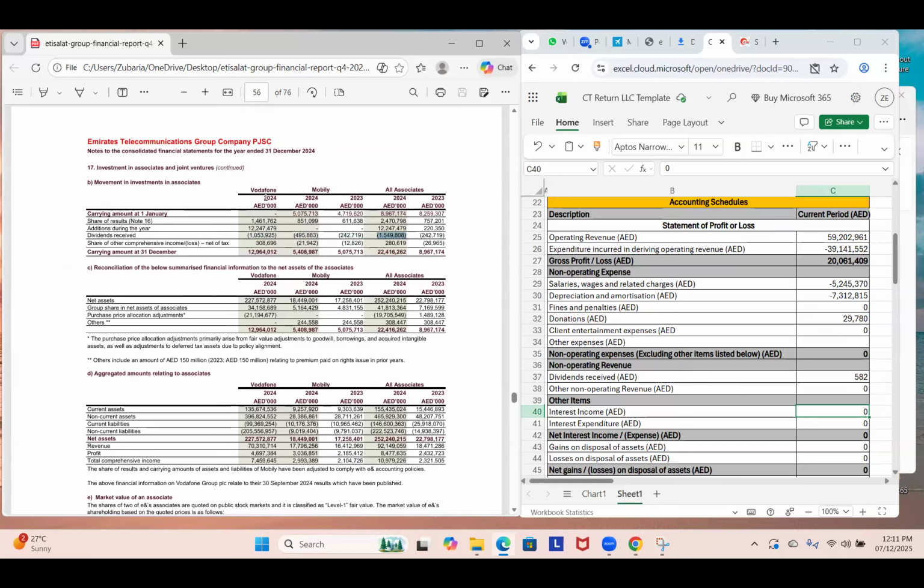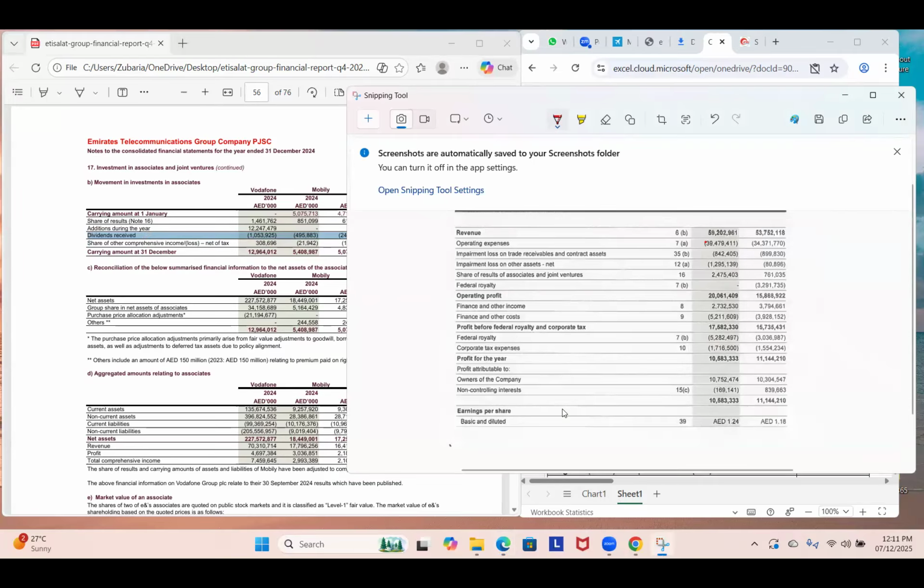Investment in associate and joint ventures, movement in investment. They are disclosing the movements. Investment in joint venture has a different treatment. But first of all, we have to take the dividend. Let's see how much is here.